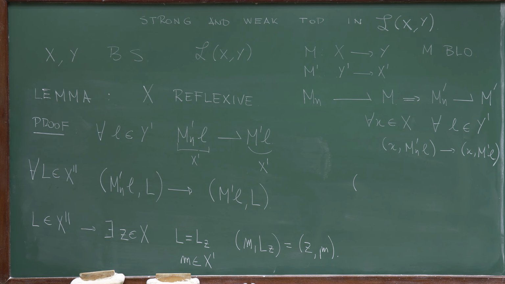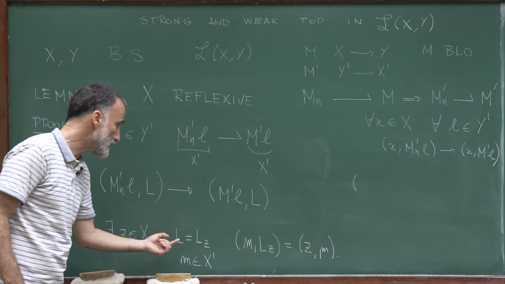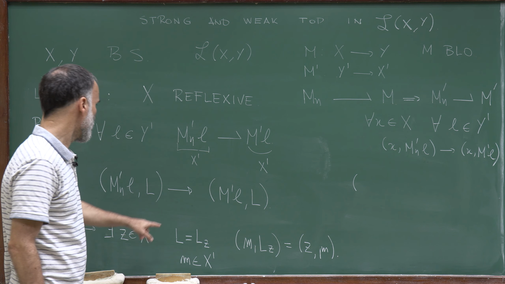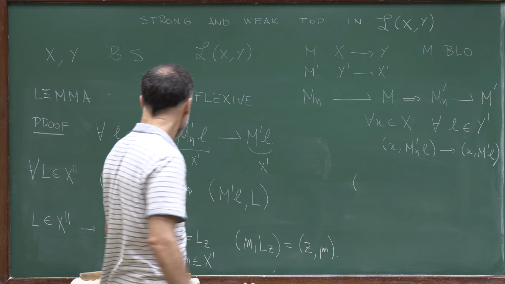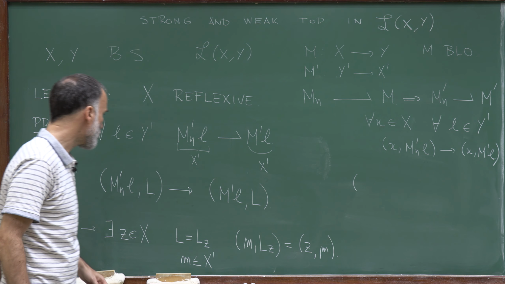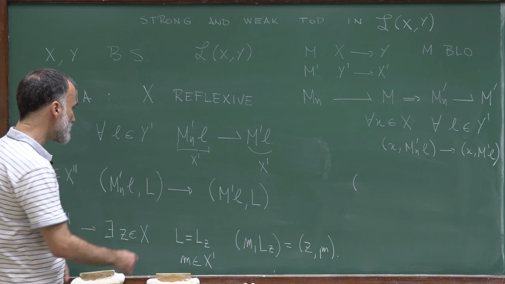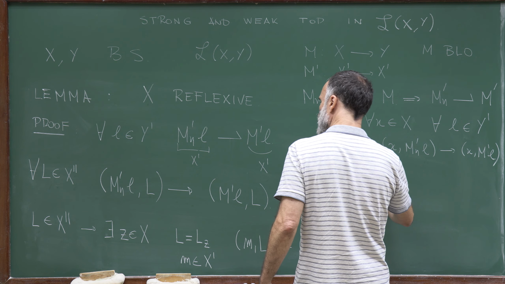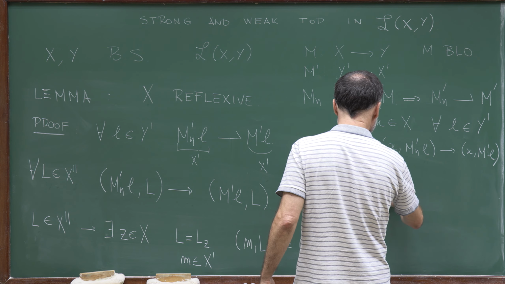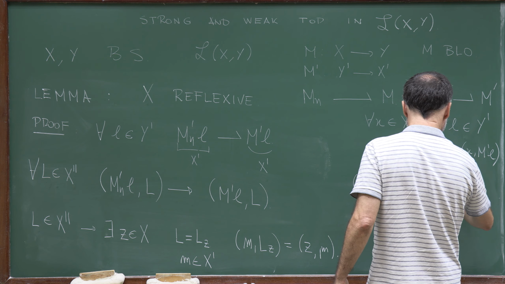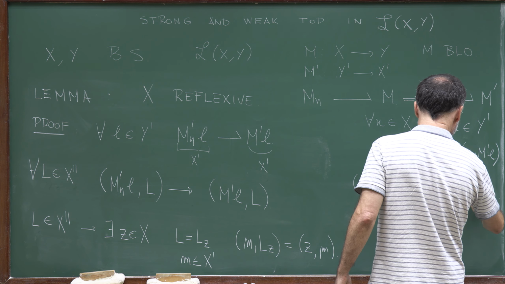But now, we use the fact that L is actually equal to some LZ. And so, applying this identity to this line, what we get is that since L is equal to LZ, what we need to prove is that this holds. What we have to show is actually that Mn prime L, LZ, converges to M prime L, LZ.